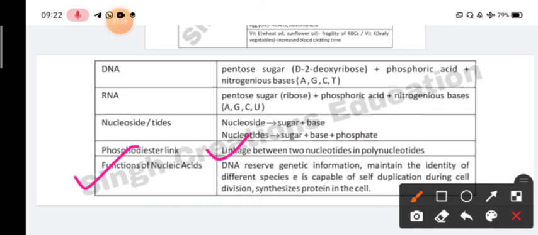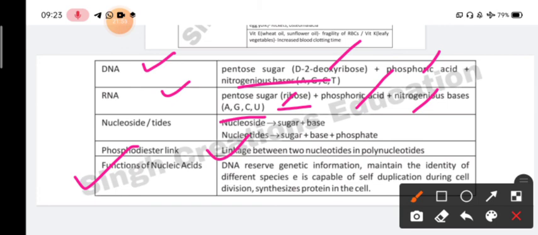Okay, and the difference between DNA and RNA can also be important for your exam. Here you can see pentose sugar, but in DNA it is deoxyribose and in RNA it is ribose. The phosphoric acid is there in both, but the nitrogen bases are defined: adenine, guanine, cytosine, thymine in DNA, and in place of thymine, in case of RNA we have uracil.